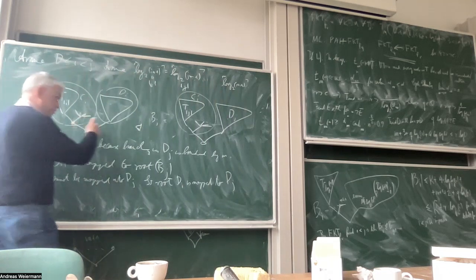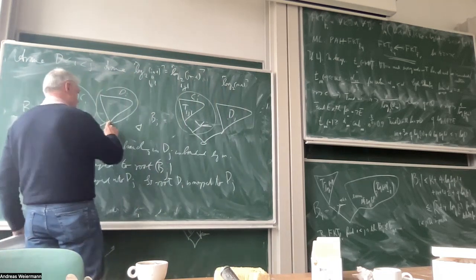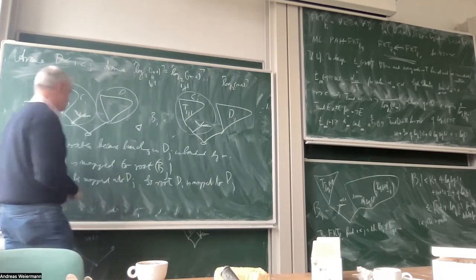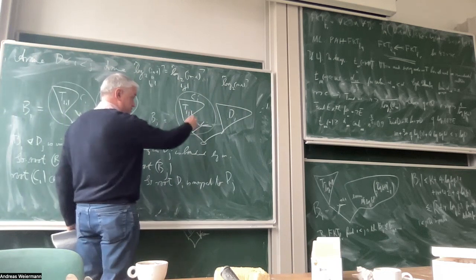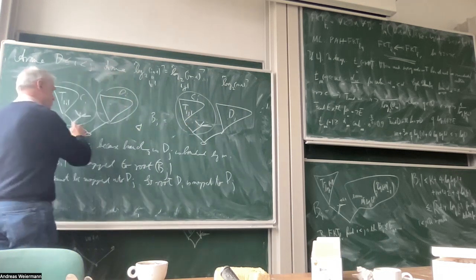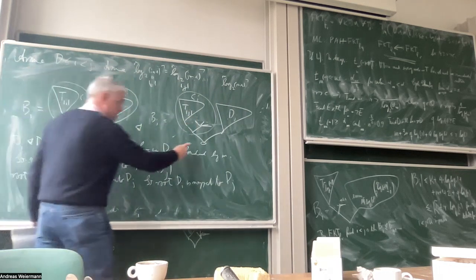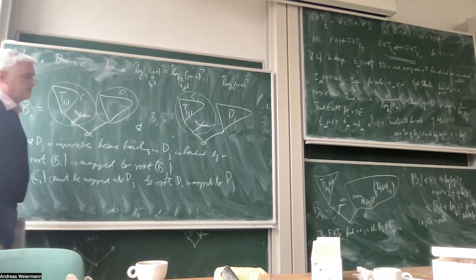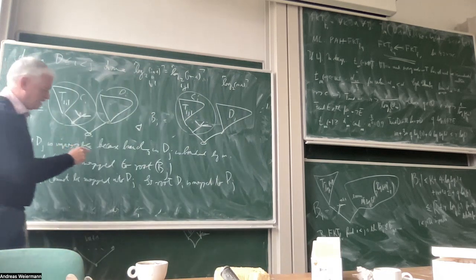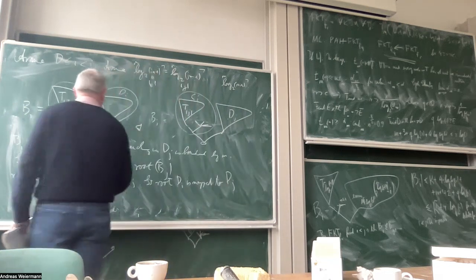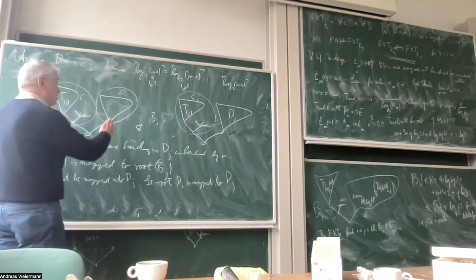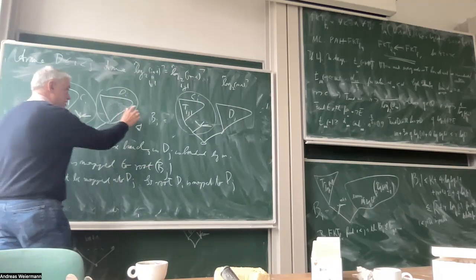Because if this would be moved here, and this one would be moved into this one, then the infimum of those two points would be here, but the infimum of this point would be this one. So necessarily, this one has to be moved into this one. Okay, and now we see what's going to happen here.